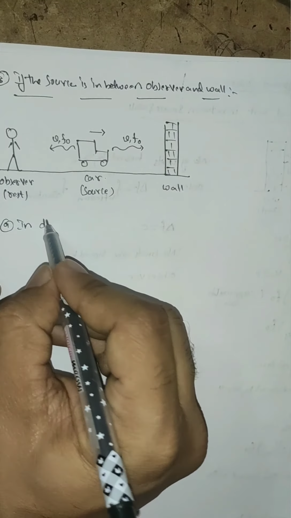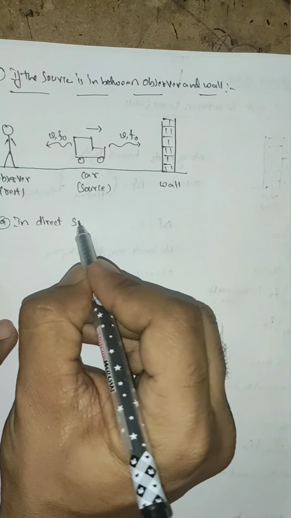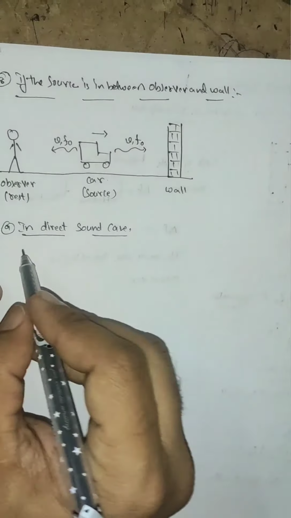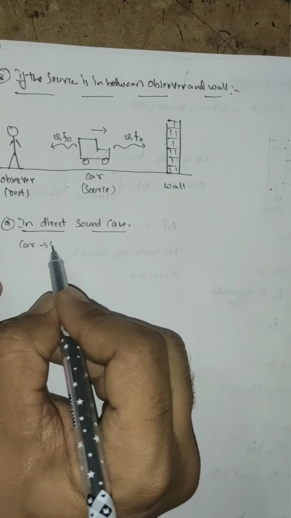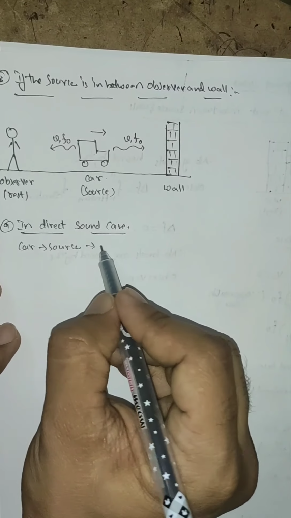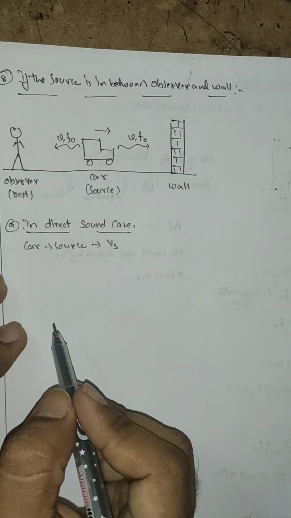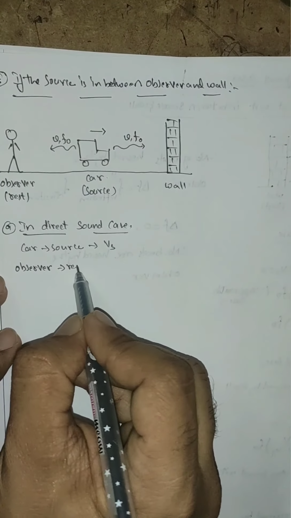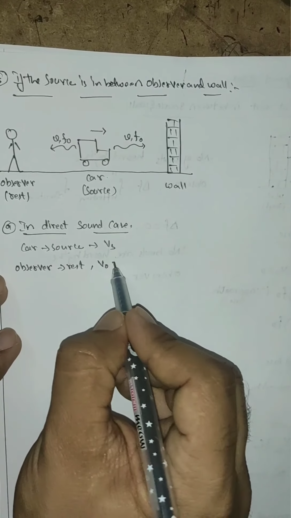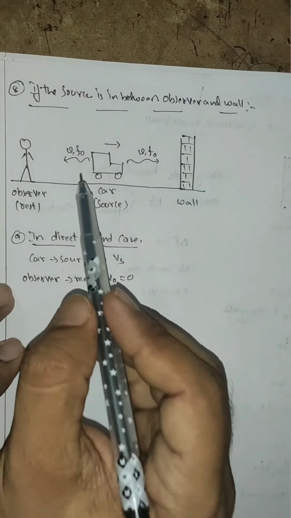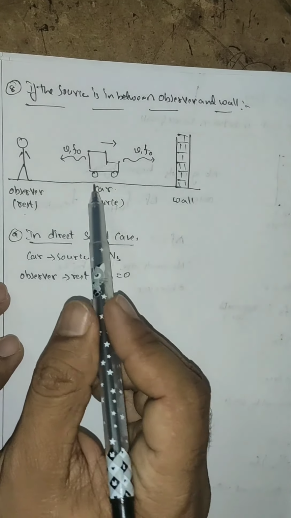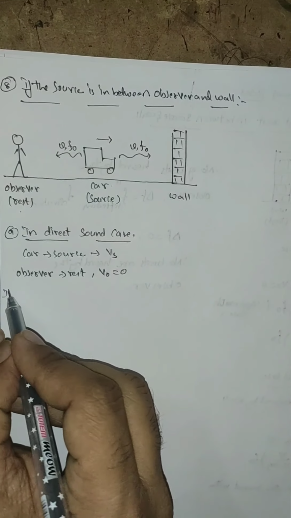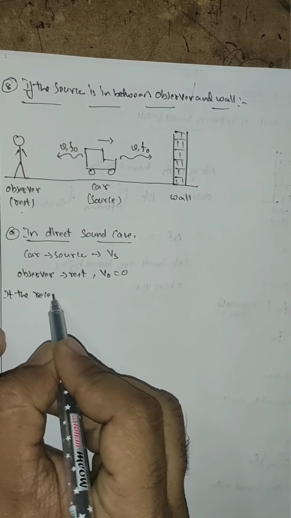So in the direct sound case, the car is the source and it is traveling with the speed of Vs. The observer is at rest, which means V0 is equal to 0. The car is moving away from the observer, so it is the receding case.